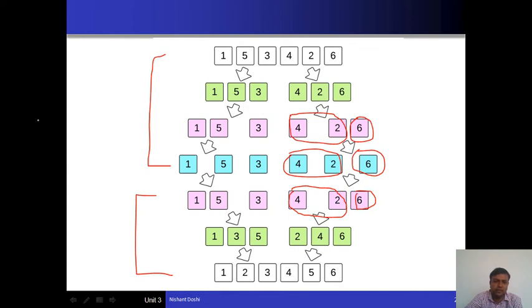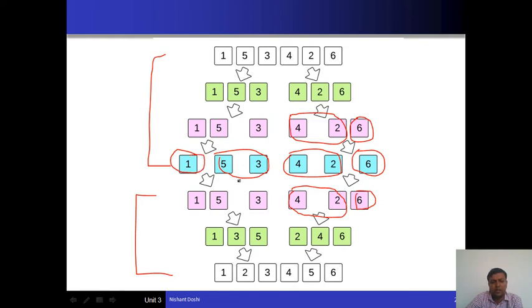Now the second observed mistake is one that students will make here. Let's take 1 and 5 and 3. Sometimes what students do is combine this 5 and 3, and then combine that with 1.